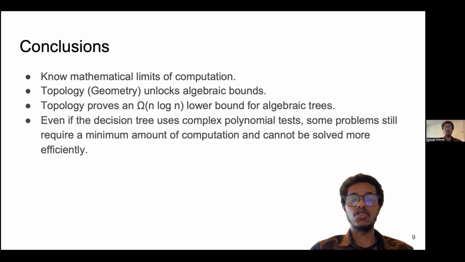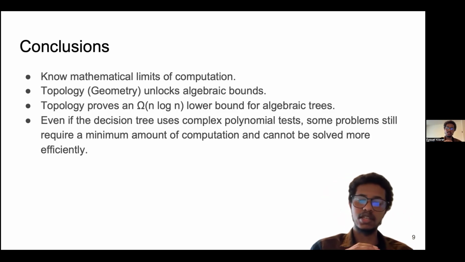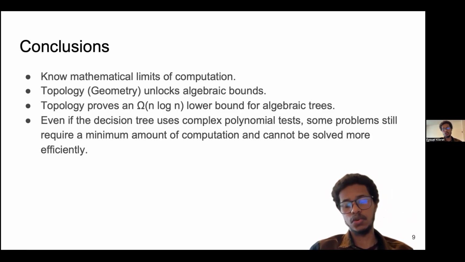And one critical point is that in a decision tree, even though we give it complex polynomial tests so that we can draw curvy lines or some special planes in the n-dimensional space, some problems do still require a minimum amount of computation, and they can't simply be optimized further. Thank you.